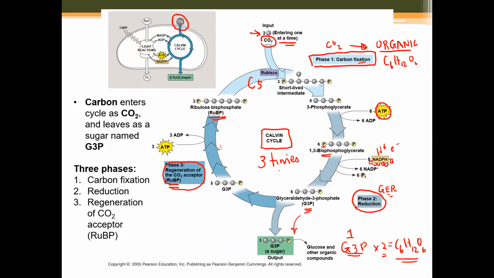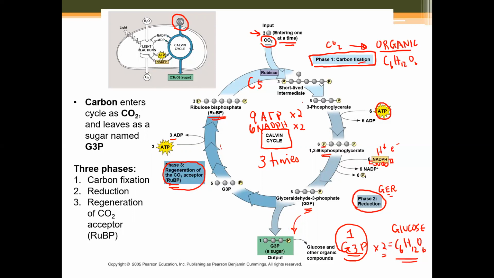So this will actually take 9 ATPs and 6 NADPHs to make one of these. But then again, when two of these combine, I'm going to make one glucose. So then we would have to double these numbers to make one glucose.